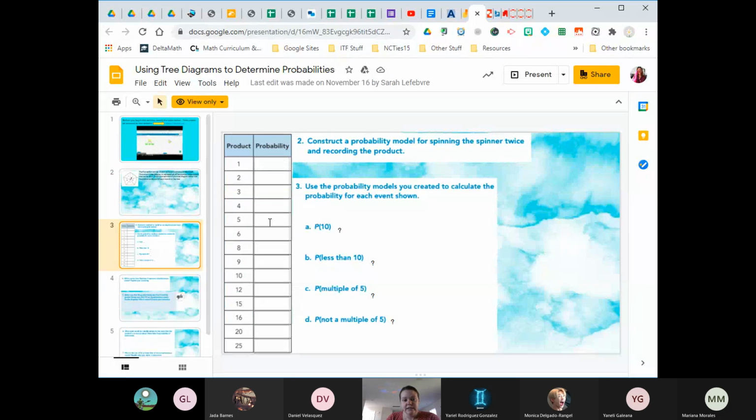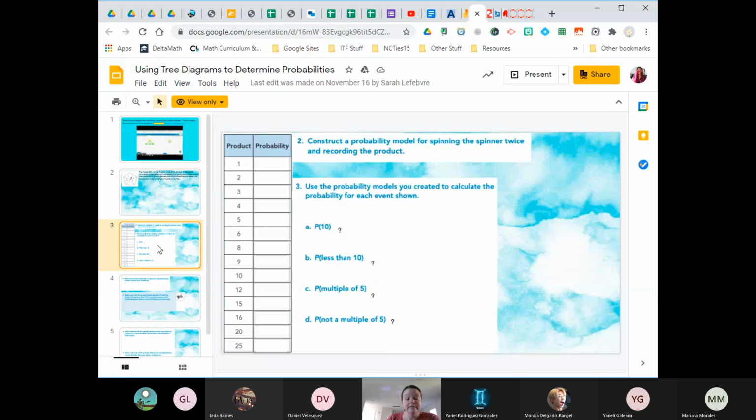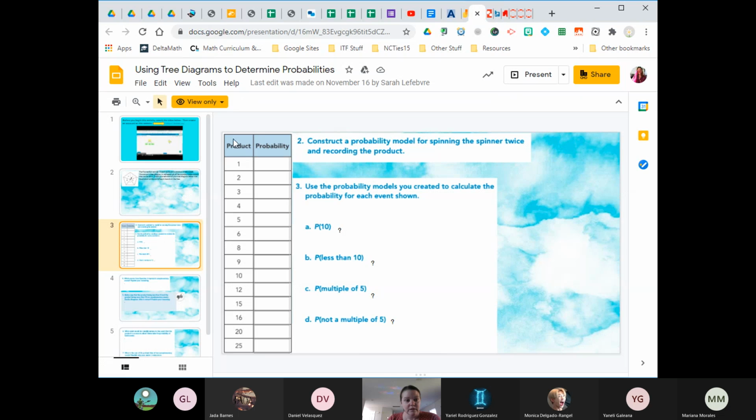Then you're going to use it to construct a probability model recording the product. So if I look at this, I know I can have a product of 1, 2, 3, 4, and 5, and the probability of each.